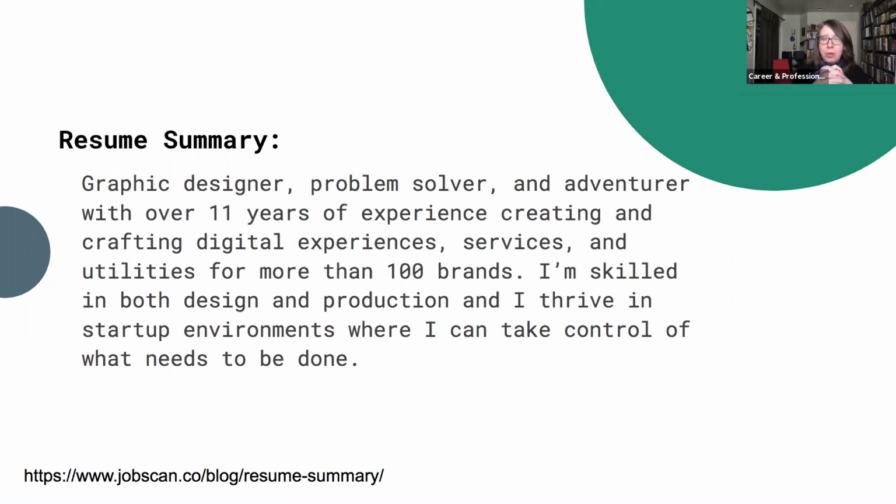A resume summary goes right at the top of your resume under your contact information, and it's a great way to really guide the reader of your resume in how to look at the experience on the rest of the resume. It's also a great place to work in keywords. Resume summaries are something that you can choose to use or not. You don't want to get it too long is the key.